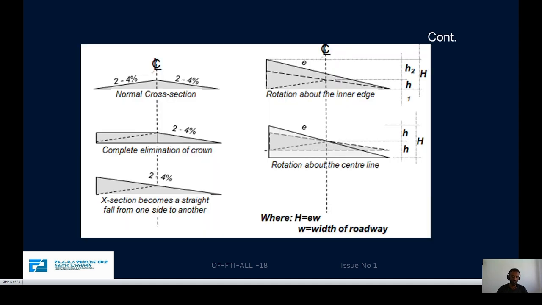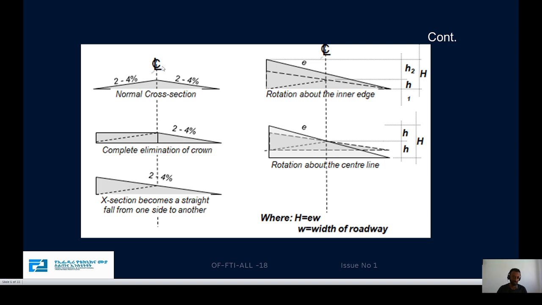As you see in the figures, the first is a normal cross section, where up to 4% camber slope is provided. Gradually entering the curves, the outer part will be raised up until it reaches 0%, while the inner part stays the same.